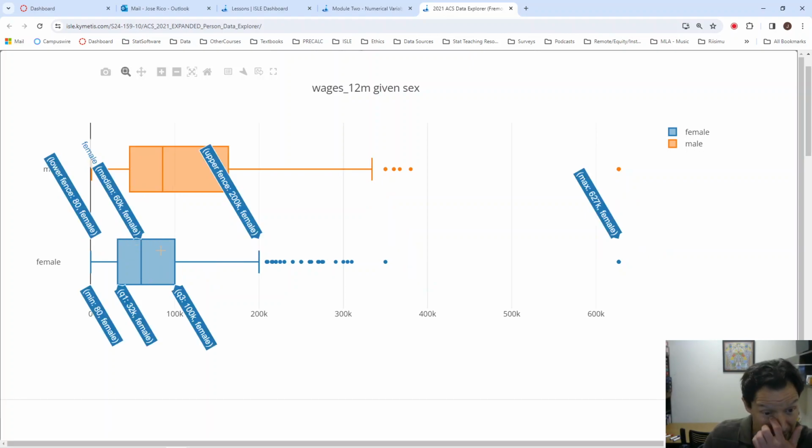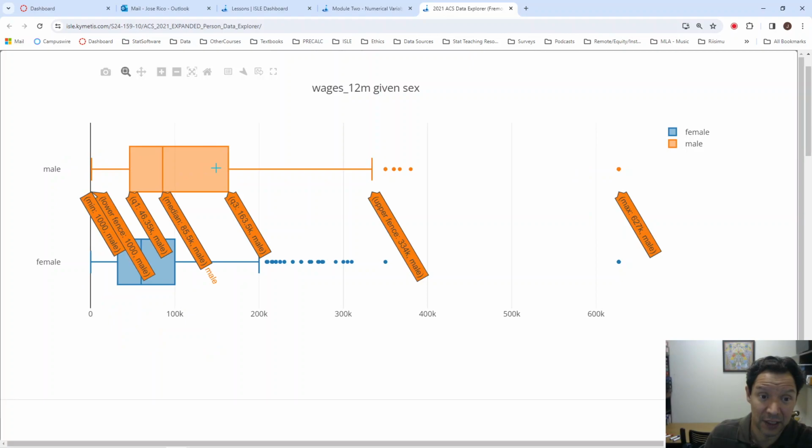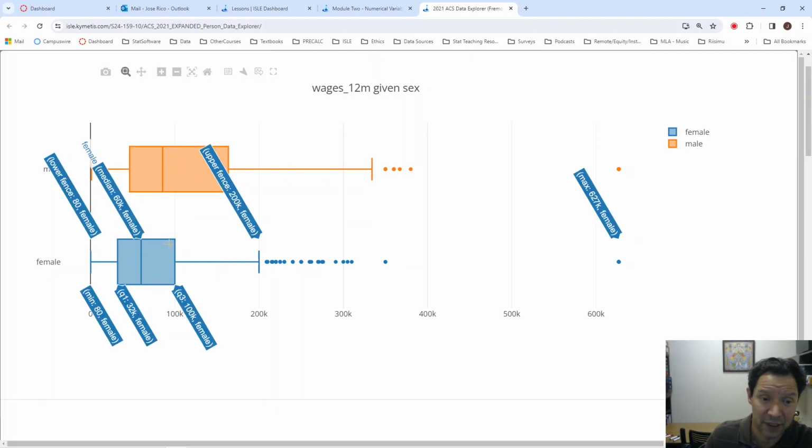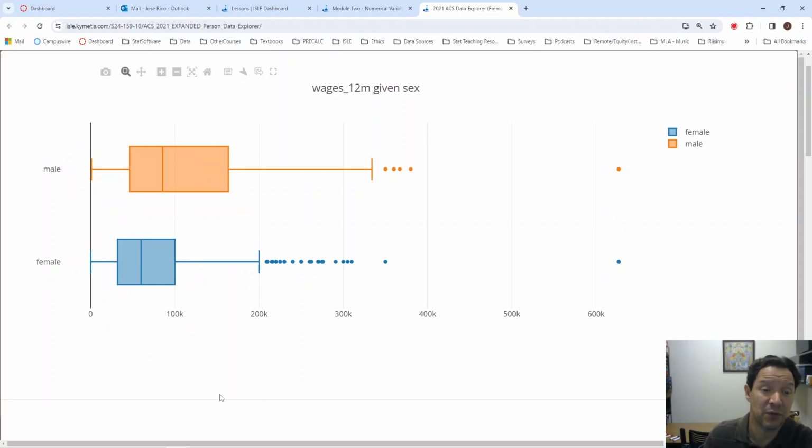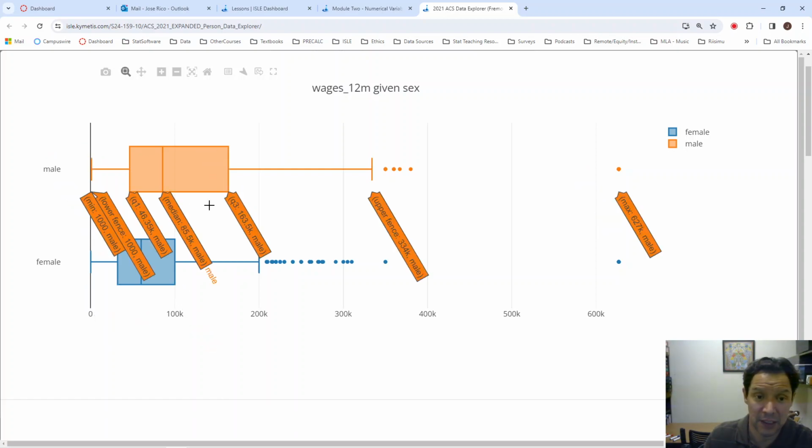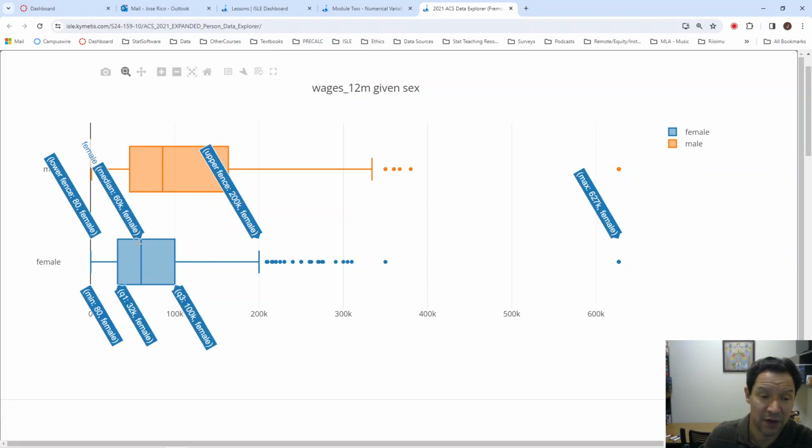But at the end of the day, if you look at this box, the halfway point in this box looks like it's right at 100, kind of. Well, the entire female box is less than 100,000. So we're definitely seeing a difference between men and women. We see a lot more variability in the wages of men than the variability of wages in women. We talk about this as the interquartile range. This is the length between Q1 and Q3.